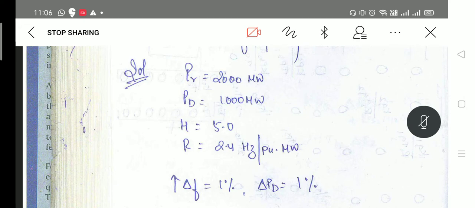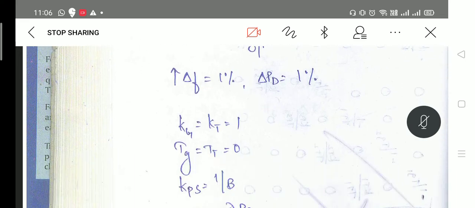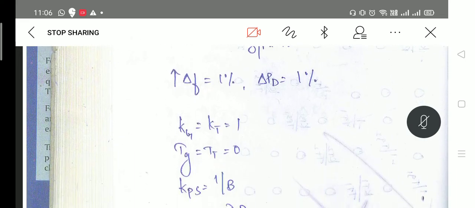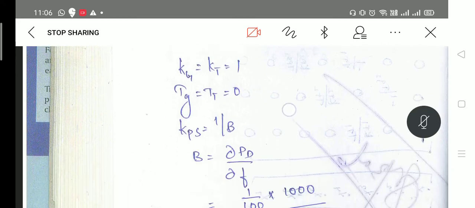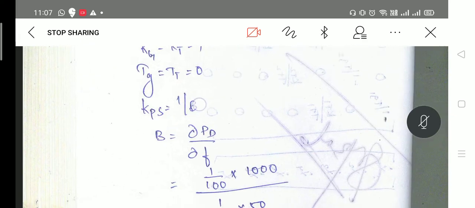First he is given this data PR, PD, H, R. From this we calculate the time of the prime mover. Delta F, delta PD is also given in percentages, so we can take the per unit value 1 by 100, 1 by 100, and these values are assumptions. Kg is equal to Kt is equal to 1 and Tg is equal to Tt is equal to 0, and KPS formula is 1 by B, and B is equal to dou PD by dou F. So we can calculate the KPS value.